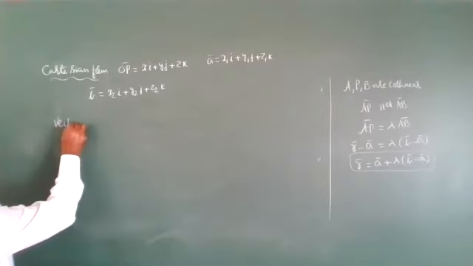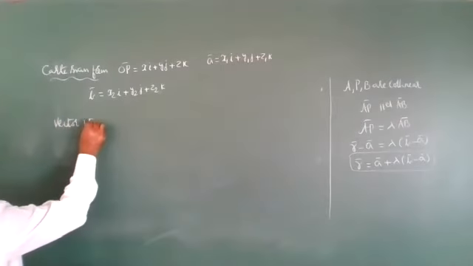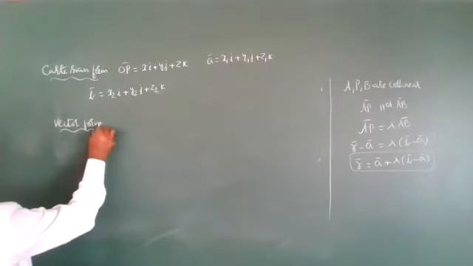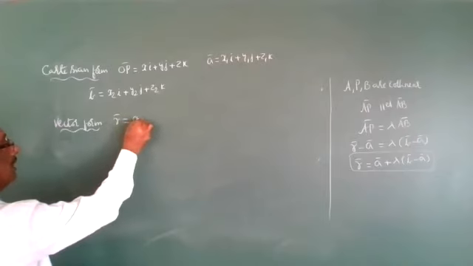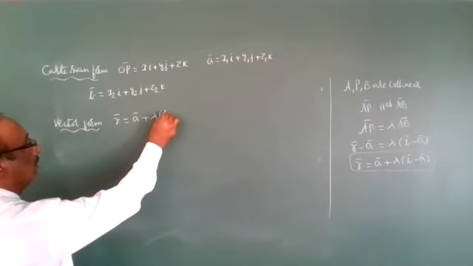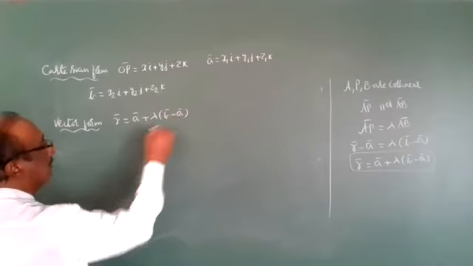The vector form is R bar is equal to A bar plus lambda into B bar minus A bar.